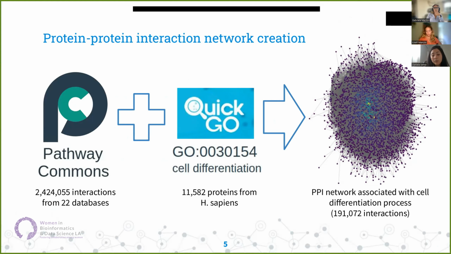So we kept, as shown here, the interactions that are associated with the cell differentiation process. This protein-protein interaction network ended up having around 200,000 interactions.